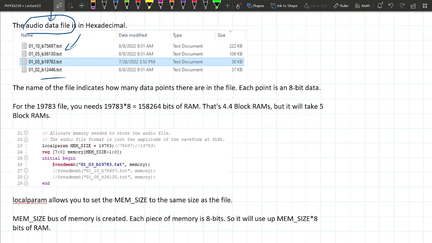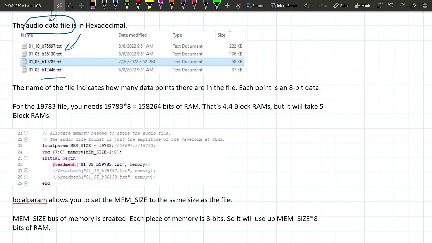So memory size minus 1, colon 0. Then you're telling the FPGA, before you do anything else, do this first, and that's what this initial begin creates. If you don't read in the file first, there's nothing to connect to. So it's going to readmemh, then the file name, and put it in memory. By memory, I mean this memory variable. You can call this Bob, and then you'd have to replace this with Bob if you want.